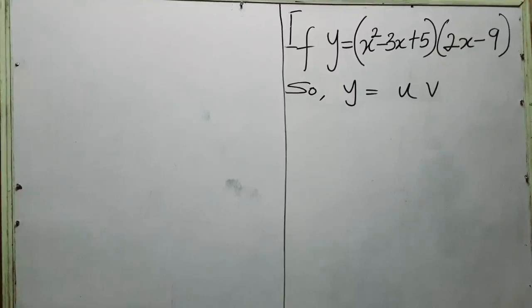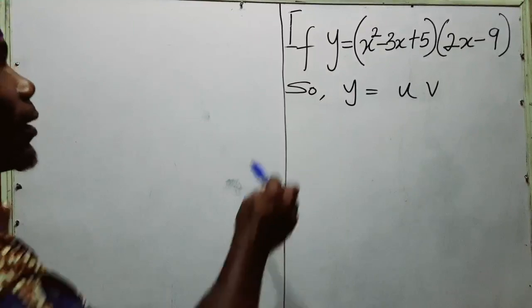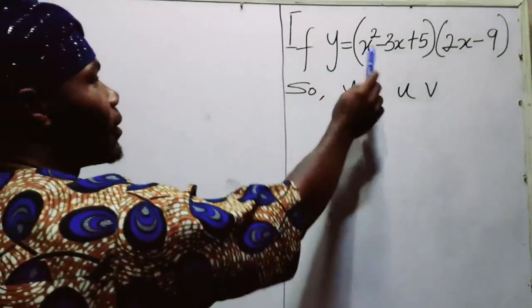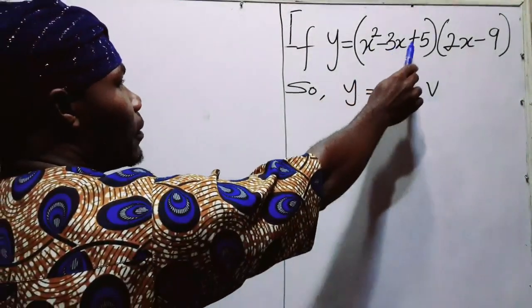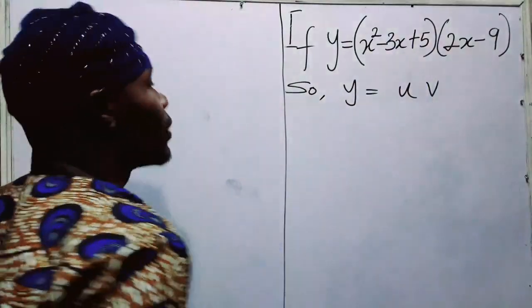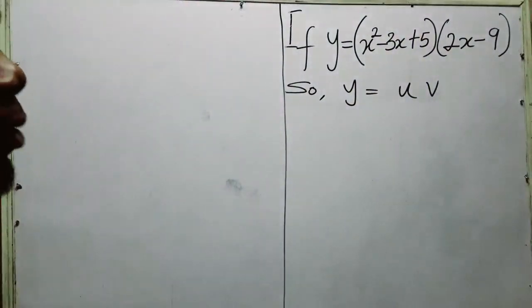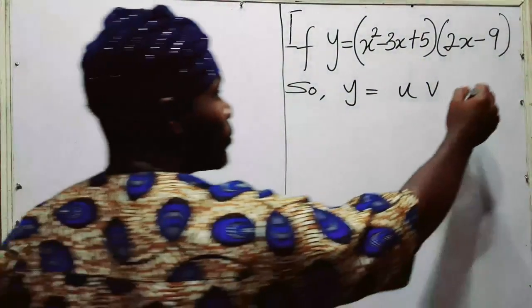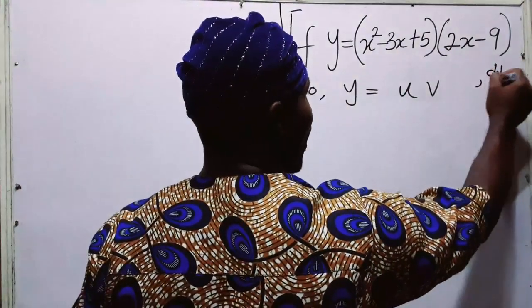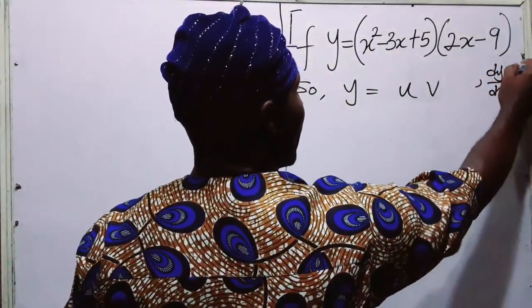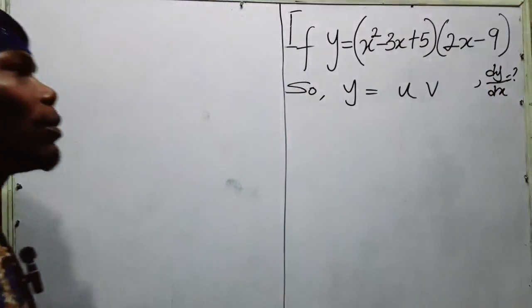You have to differentiate the equation y is equal to (x squared minus 3x plus 5) multiplied by (2x minus 9). So the question is to find dy/dx.